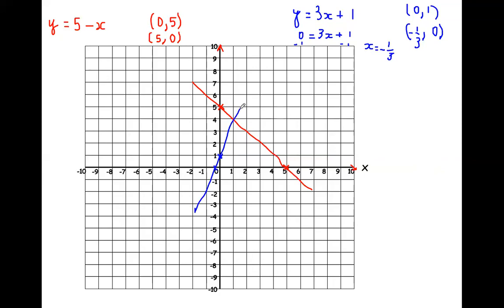If I had a ruler, I would have done it much neater. But that's my intersection point here. So solving this gave me the answer of x equal 1 and y equal 4.